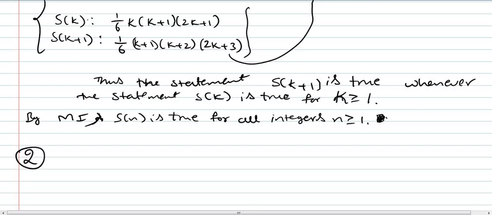Similarly, you can try the second example. I will tell you how to solve this, and you can try yourself. Prove by mathematical induction that 1 plus 2 plus 3 plus 4 plus, and so on, plus n is equal to 1 by 2 into n into n plus 1.